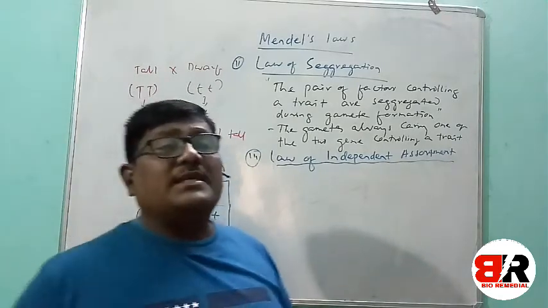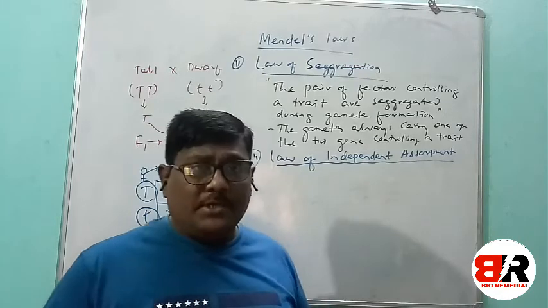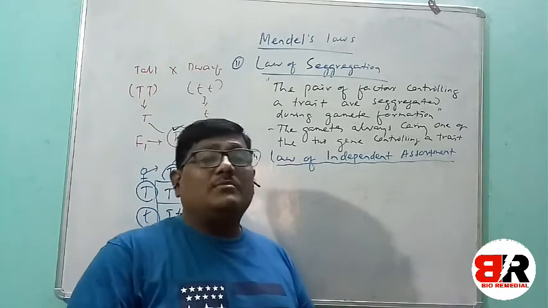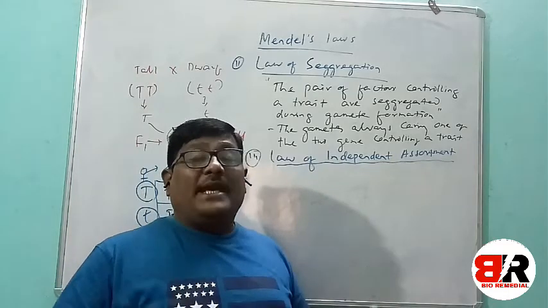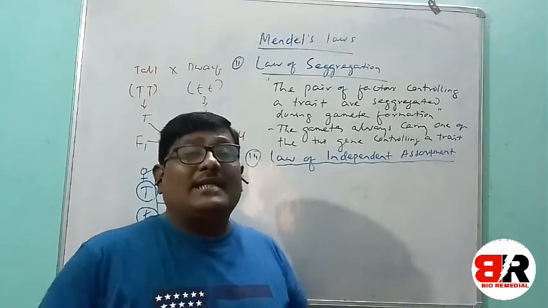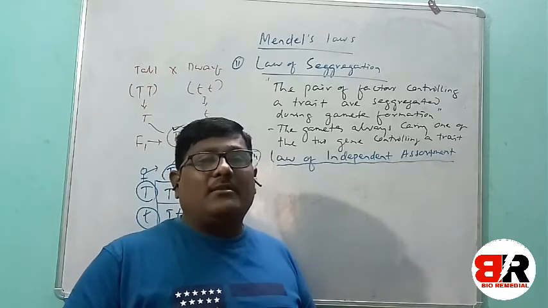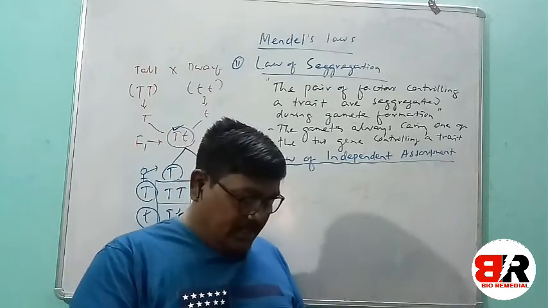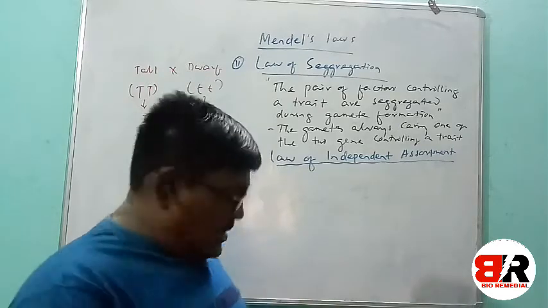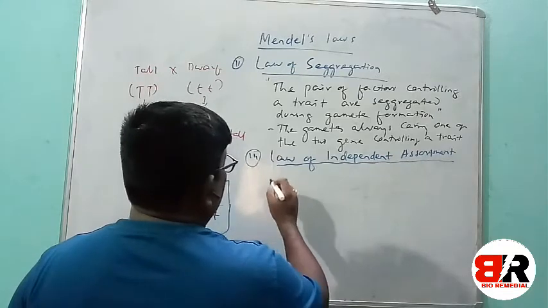The law of segregation says the genes are separated during gamete formation and the gamete carries one of the two genes, and this law says the pair of factors controlling a trait are independently expressed through gametes. Obviously, the pair of factors controlling a trait are independently expressed in offspring. So this is the interesting law, independent assortment.